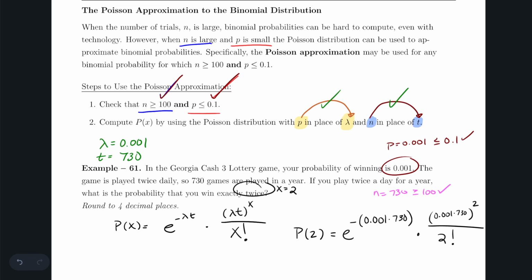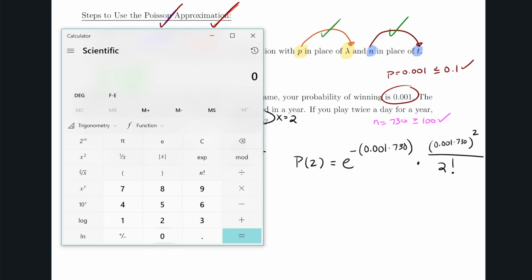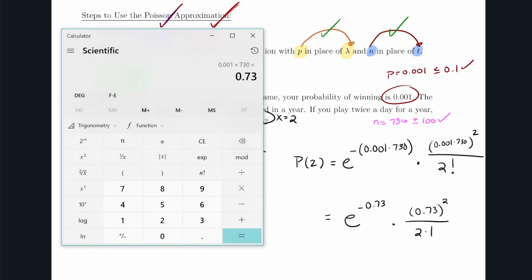Now, each of these terms could be simplified. 0.001 times 730 becomes 0.73. We can replace that. And we get e to the negative 0.73 times 0.73 squared divided by 2 factorial, which is 2 times 1. Let's type this into our calculator.